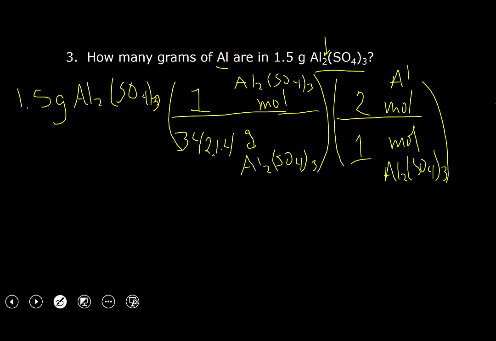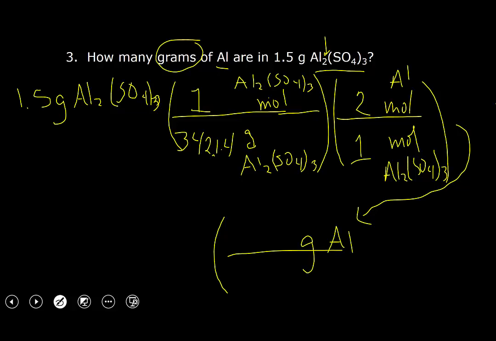All right. I didn't leave enough room, so I'm going to continue this down here. We don't want moles of aluminum, we need grams of aluminum. So we need to write another parentheses conversion. We're at moles of aluminum, so we're going to go to grams of aluminum. Whatever units we have on the upper left, we put to the lower right. So we have moles of aluminum on our upper left, so I'm going to put on my lower right, moles of aluminum. Grams per mole, that's the molar mass.